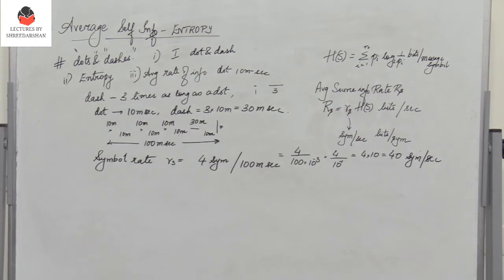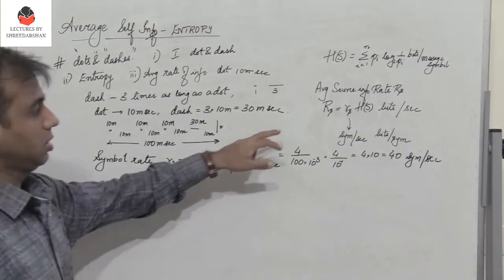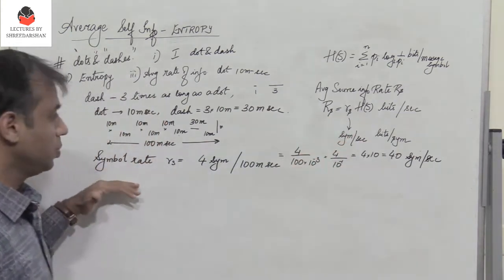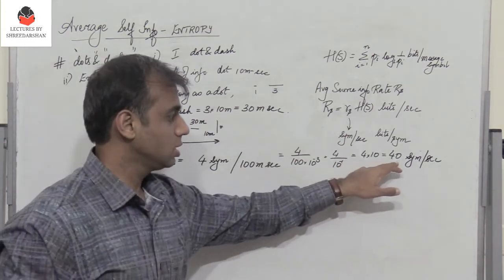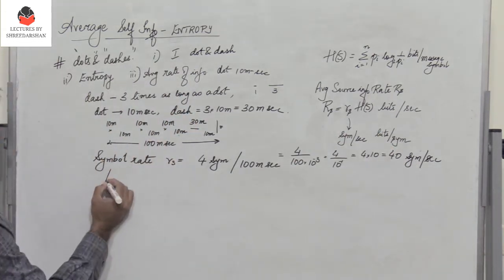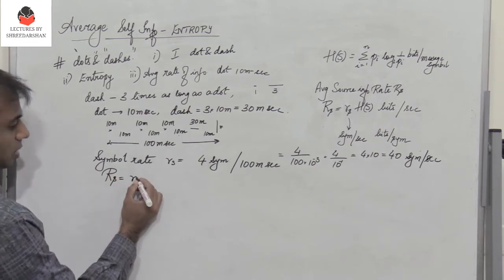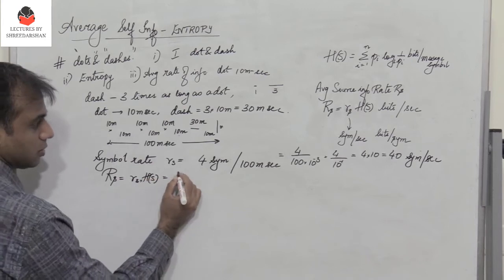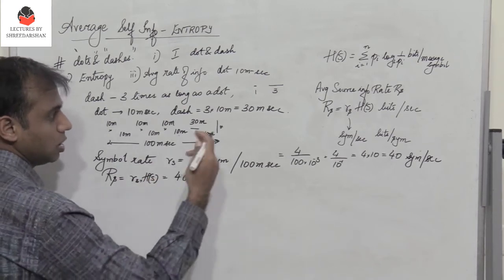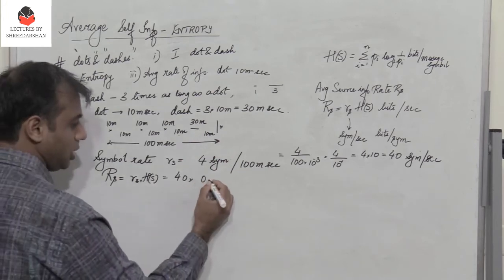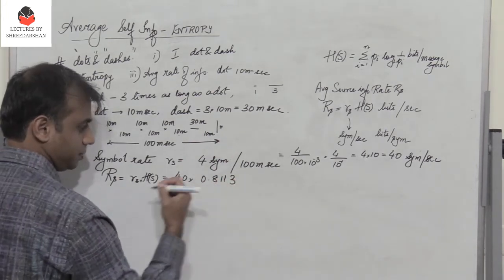Now what is the information rate? The information rate R is the symbol rate rs, which is 40 symbols per second, into H of S, which is the entropy. So R is the symbol rate into the entropy, which is 40 into H of S. H of S we just calculated. It is 0.8113.